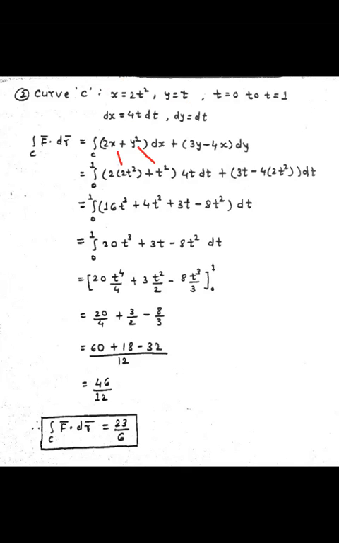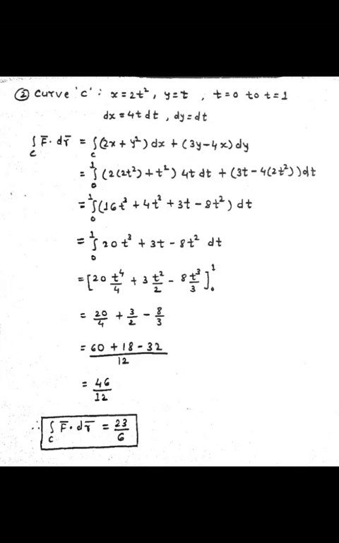So we obtain 2 into 2t square into t square, and the dx value is 4t dt, and the y value is replaced by t, and the x value is replaced by 2t square, and the dy value is dt.